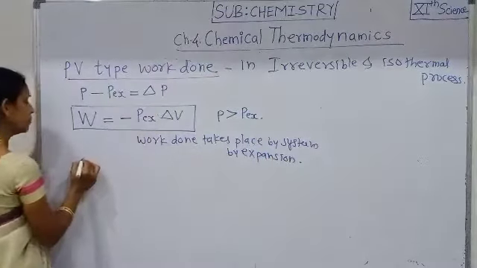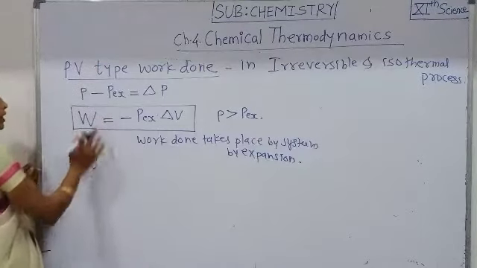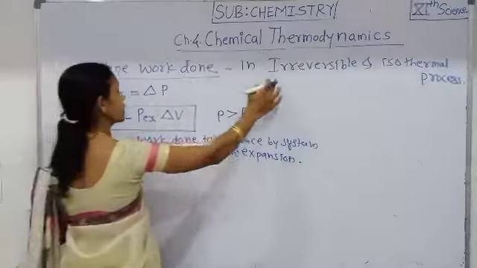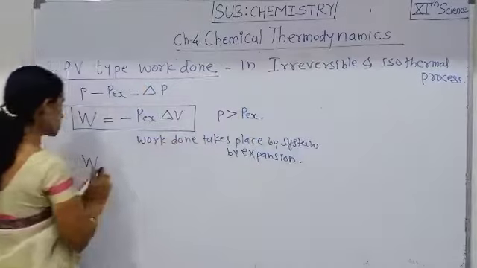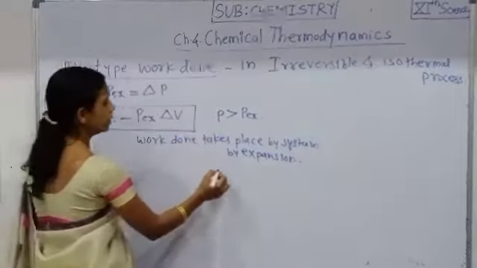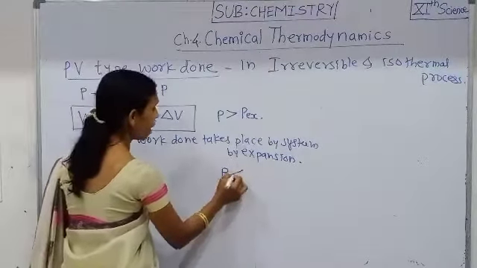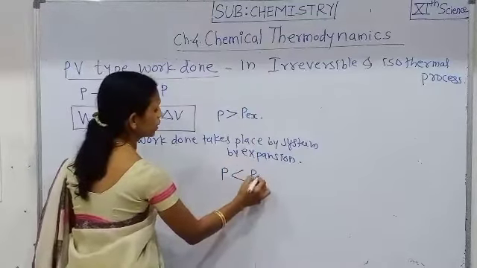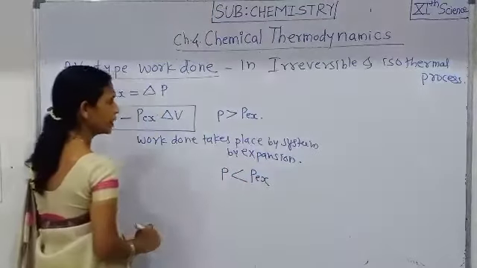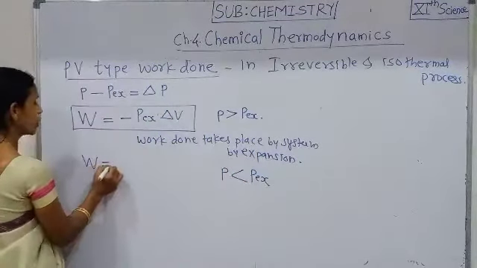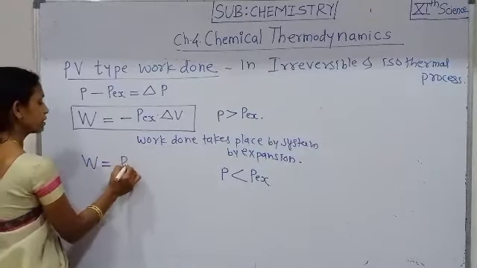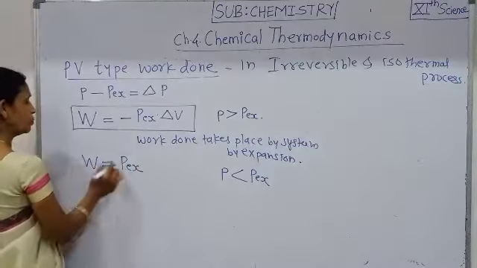And if the PV type work done takes place in an irreversible and isothermal process, but the opposing force is greater than the driving force, then the work done is positive.